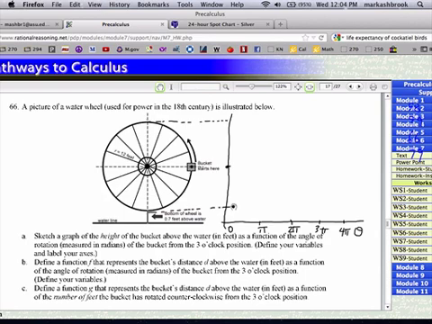So the height of the bucket will just be right matching up with our y-axis. That'll be easy. So at pi over 2, where will the bucket be? 24.7 up at the top. At pi, where will the bucket be? It'll be here. So it'll be at 12.7 again. 3 pi over 2? 0.7? 2 pi? Back to the midline.